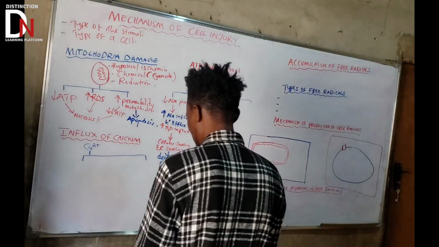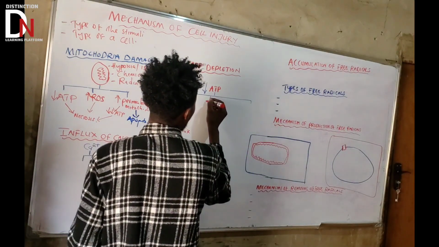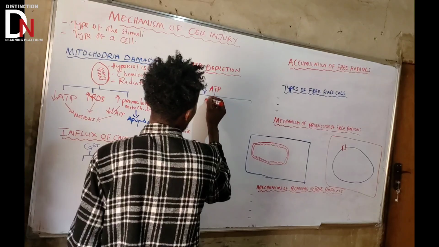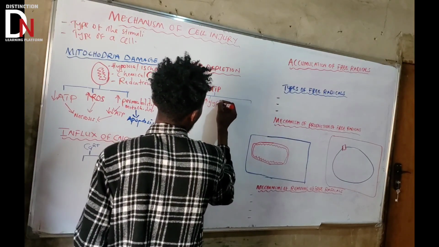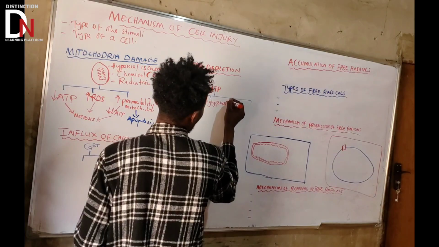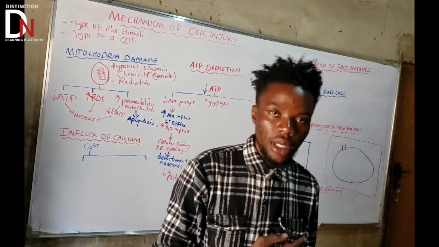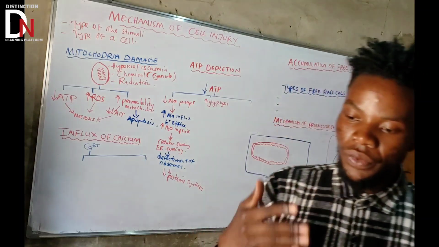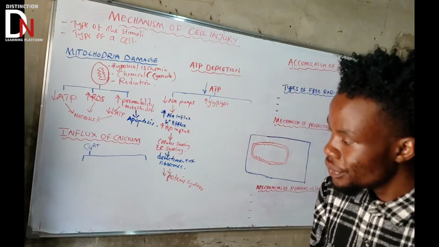So a cell will start using up glycolysis, and it will increase that glycolysis metabolic pathway.